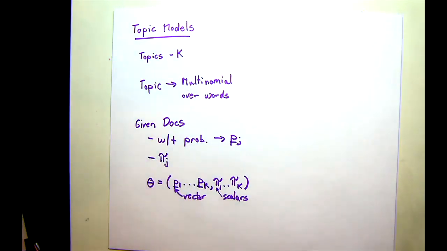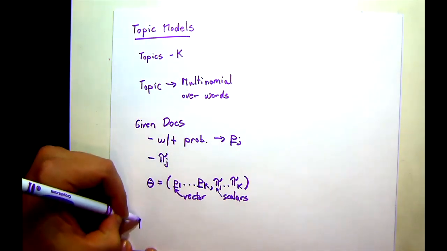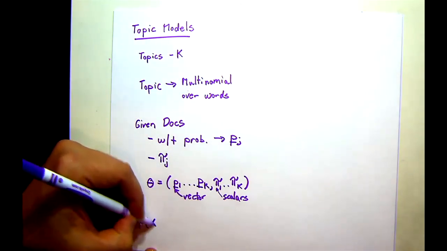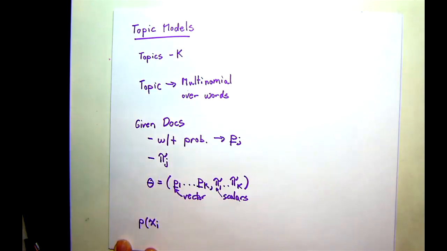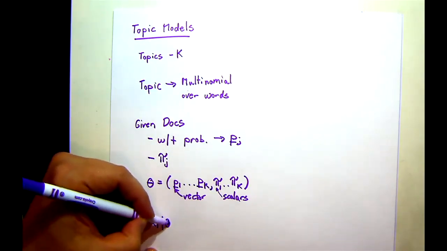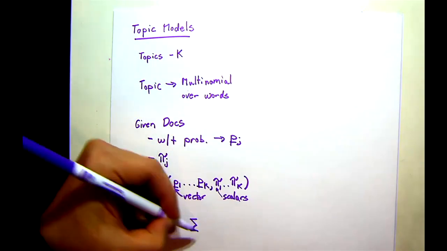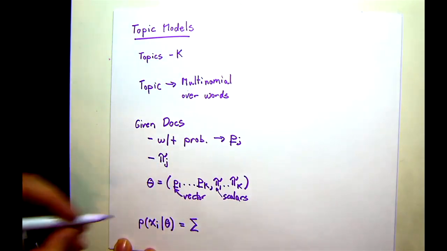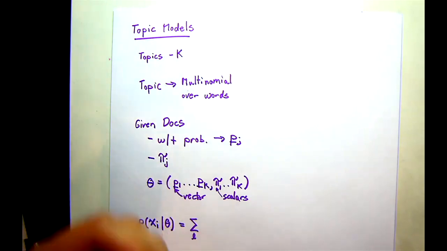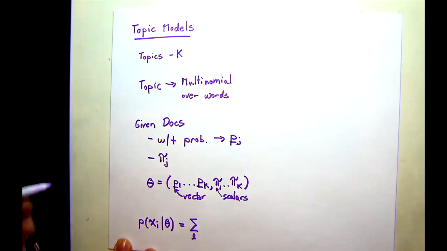And of course, now what we want to do is learn them. So we have to have some probability definition. The probability of a document vector given theta, we can write out. And this is over all of the topics.